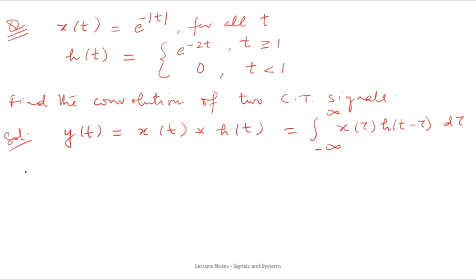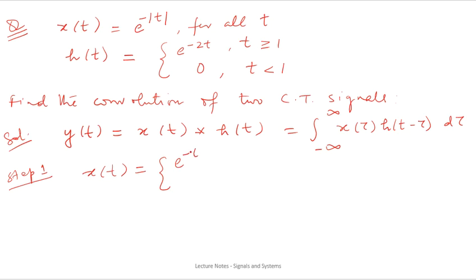So what should be the first step? You have to write equations and draw sketches for x(t) and h(t). The equations are already given to you; you can just simplify them further.